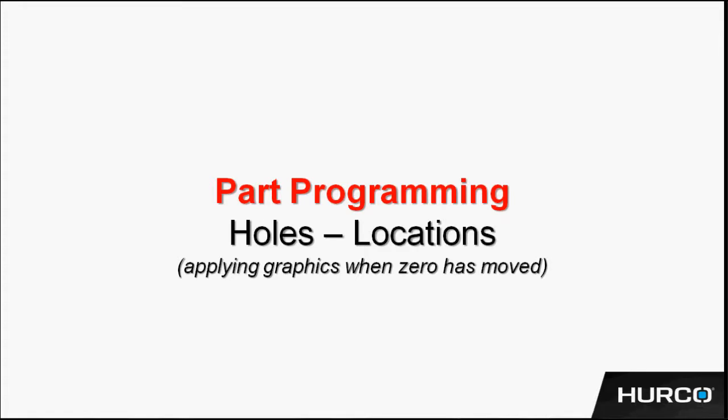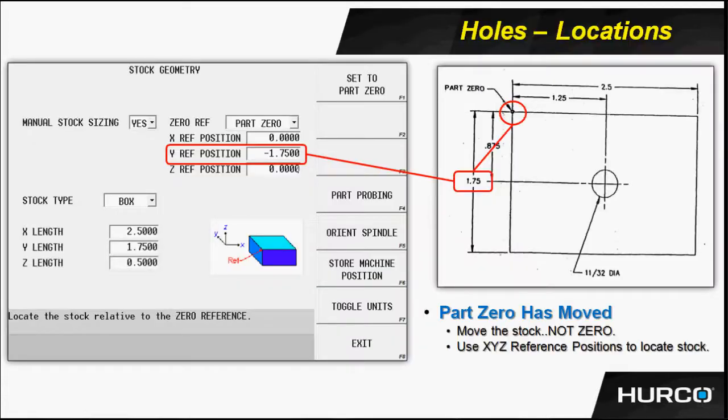Now, this print that we're getting ready to look at is the first time that we see part 0 located somewhere other than the bottom left corner of the stock. In all the previous prints that we've done, we didn't have to move the stock in X and Y. We have talked about raising the stock in Z in order to facilitate a face milling operation, but we haven't done anything using X and Y. In this next print, the back left or upper left corner of the print is going to be part 0.